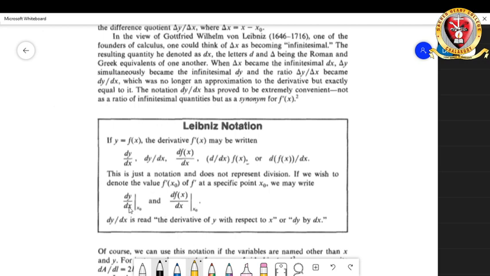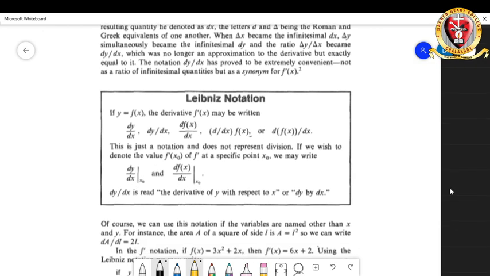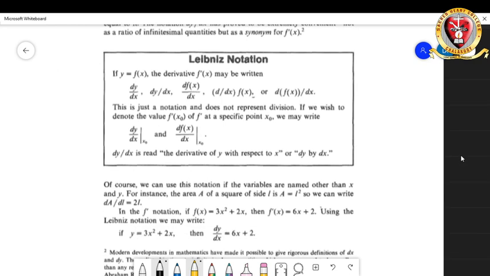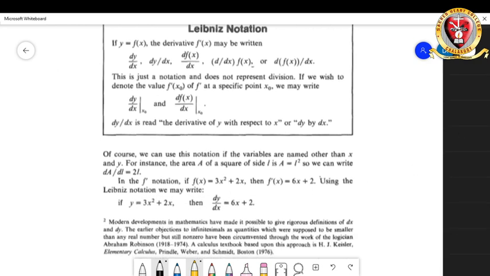And also sometimes it is written at x naught as dy by dx at x naught, df of x by dx at x naught, and so on. These representations are called the Leibniz notation. It is not a big deal. You are already familiar with that. So keep in mind how it is given the name, the Leibniz notation.